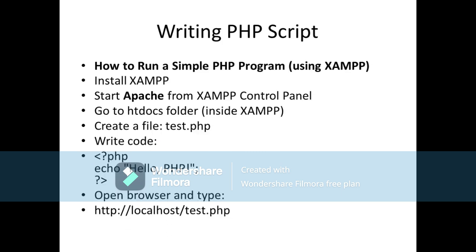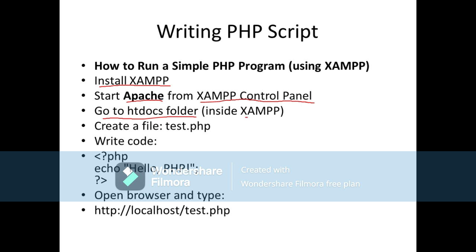To run a simple PHP program, we first need to install XAMPP. After installing XAMPP, we have to start Apache from the XAMPP control panel. I'll show each and every step one by one. Then we have to go to the htdocs folder. Where is this htdocs folder?